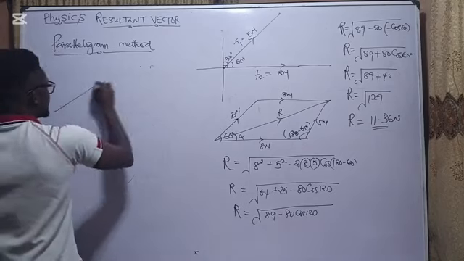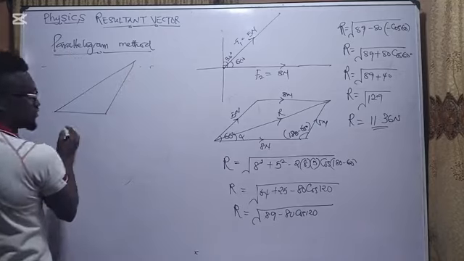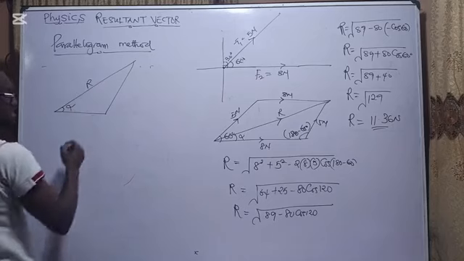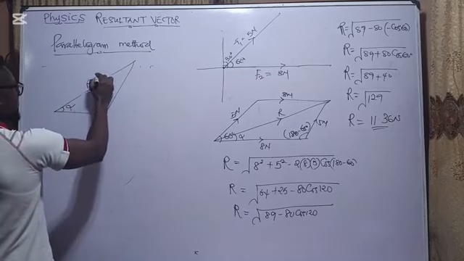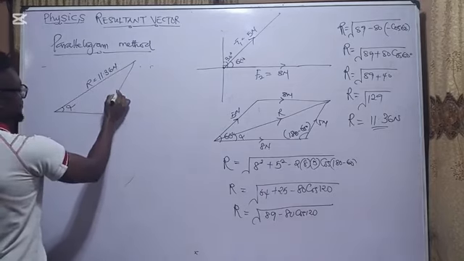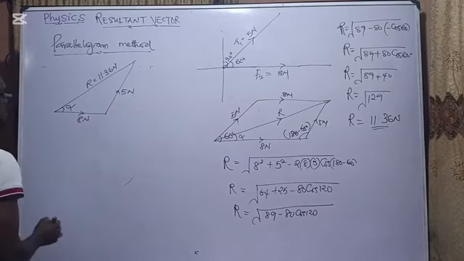So we have the triangle. Here is the direction. Here is the resultant, which we've got to be 11.36 Newton. Then here is 5 Newton. Then we have 8 Newton, right?